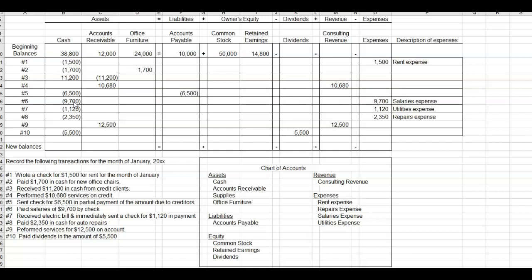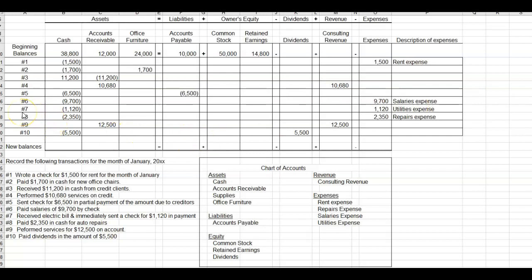Transaction number 6, paid $9,700 for salaries, $9,700 decrease to cash, and a $9,700 increase to expense, specifically salaries expense.